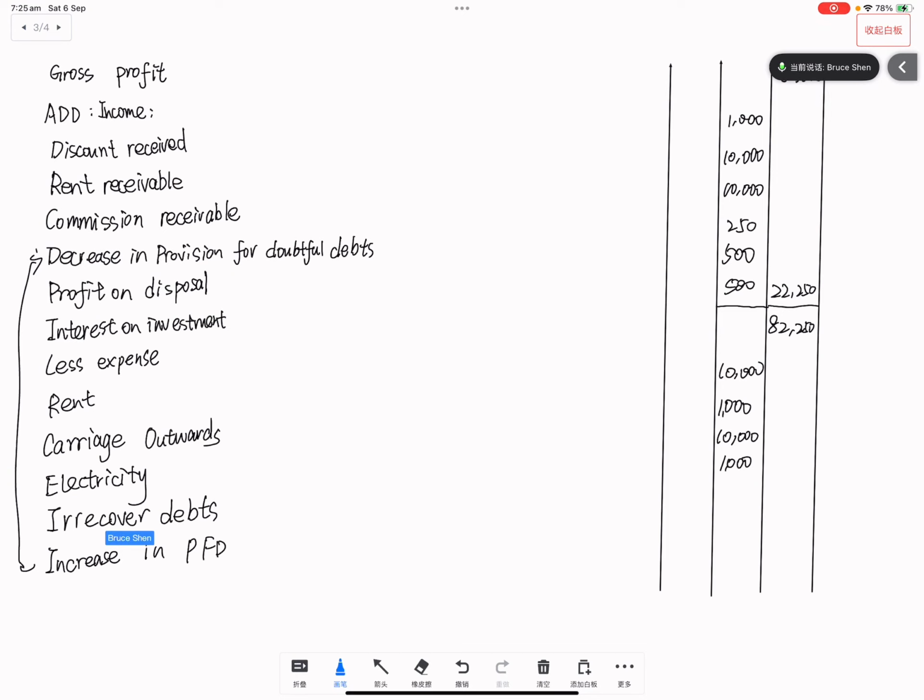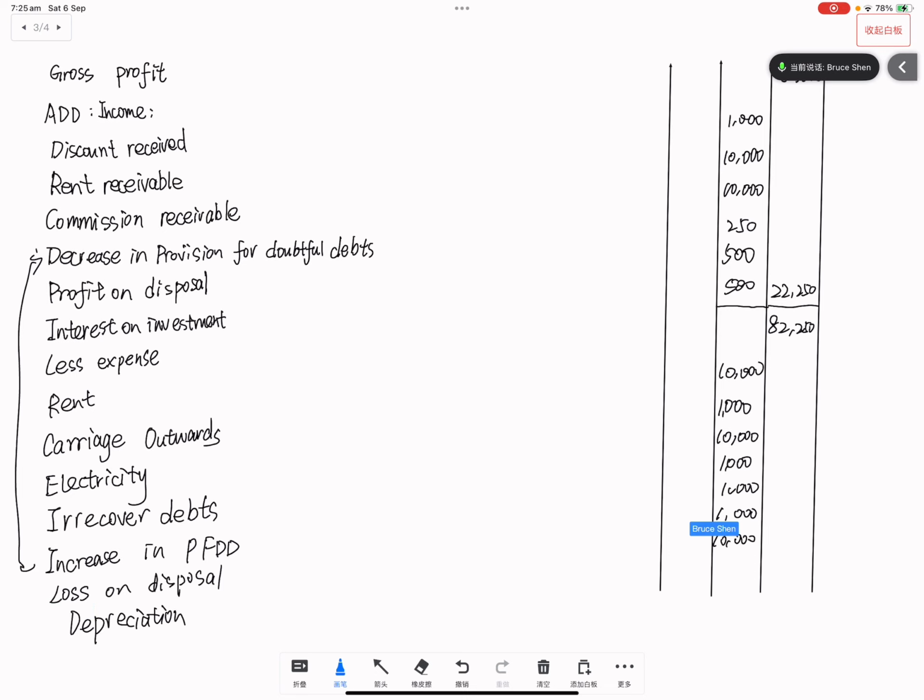Loss on disposal, 1 grand. Depreciation. This may be a huge amount of money. We follow those principles. We have 10 grand. So now we have listed all common expenses and income.